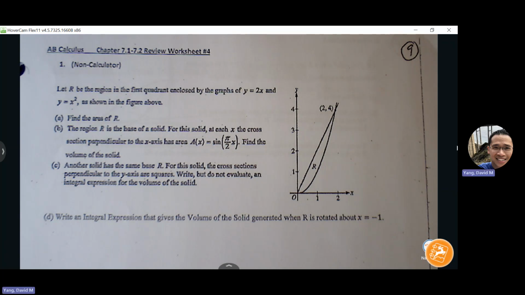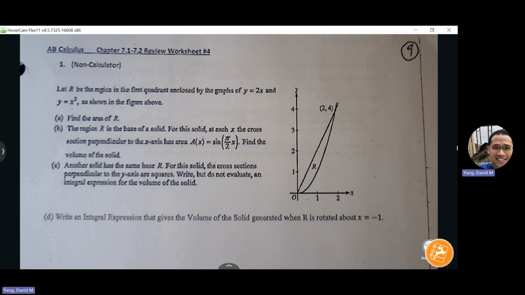I have an additional worksheet here. Okay, so page 9.